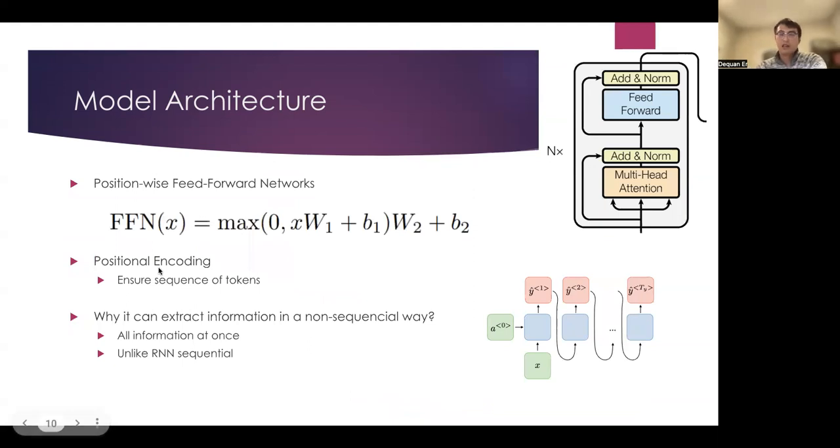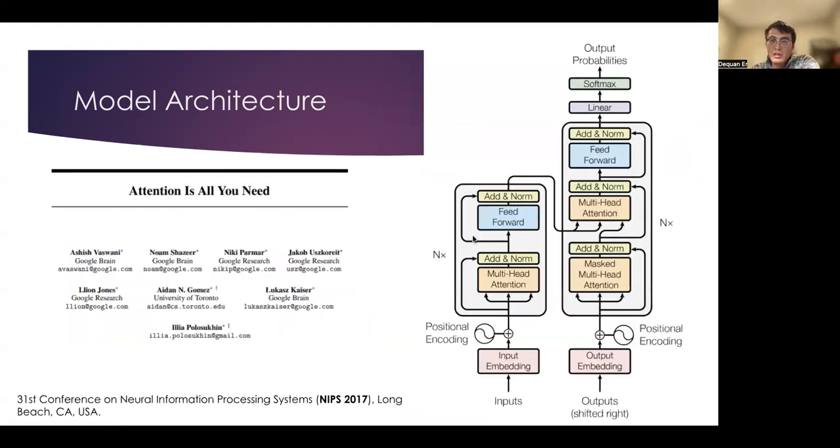With that, I would say that's the major part of the model architecture. So you have the input, you embed them, and then you do the positional encoding, let the model see the sequence of the words, and then feed into the encoder.